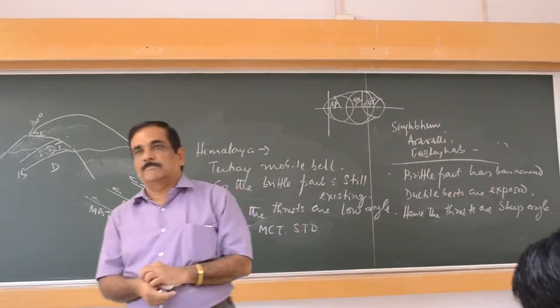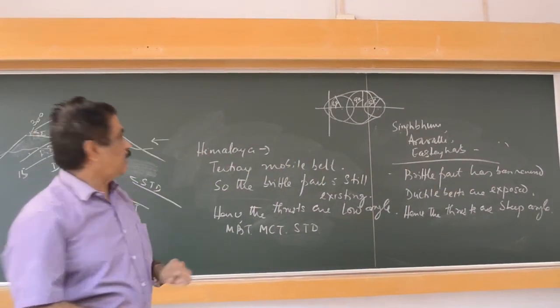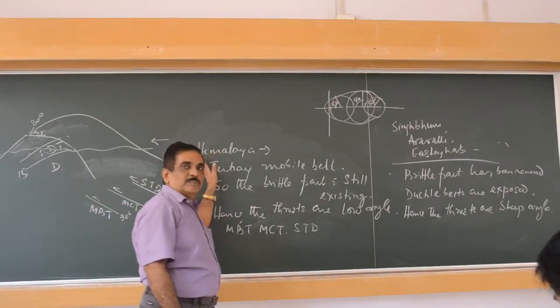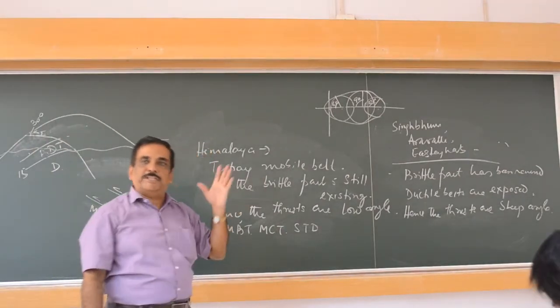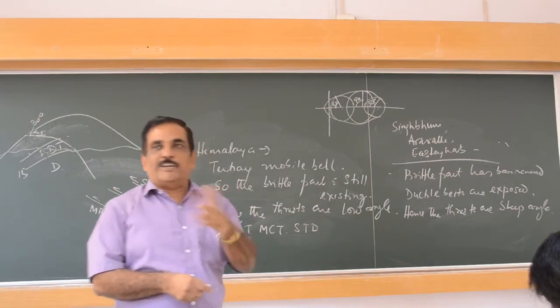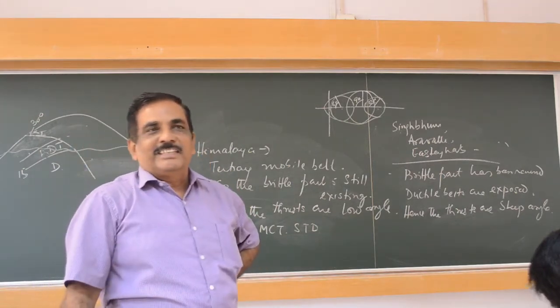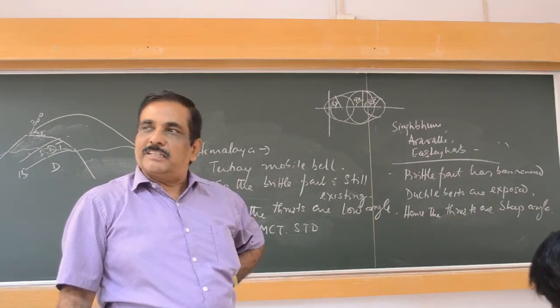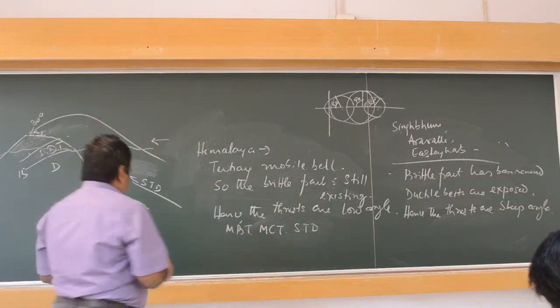Understood na? So if any question comes on which thrust it is, what should be the inclination? 60 degree, 70 degree. But MBT cannot be 60, 70 degree. It will be 30 degree, 20 degree, like that. Okay.